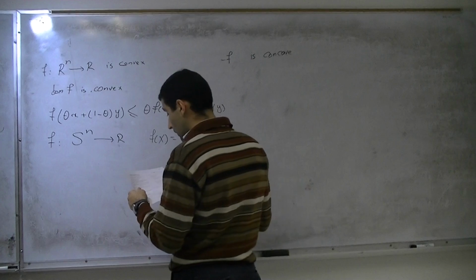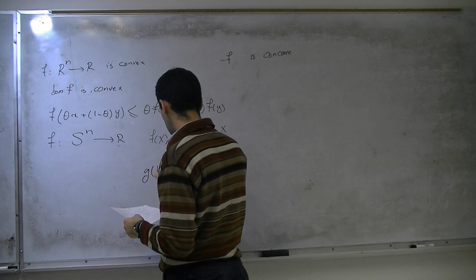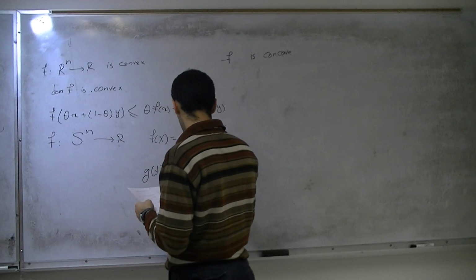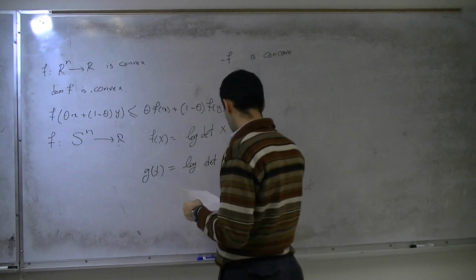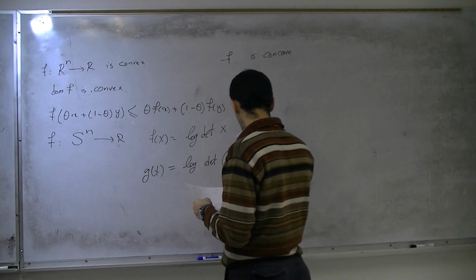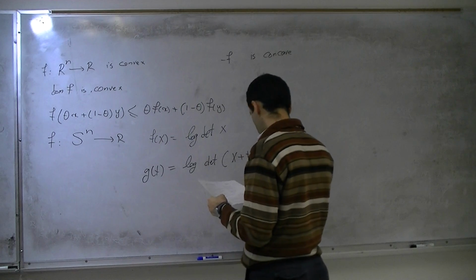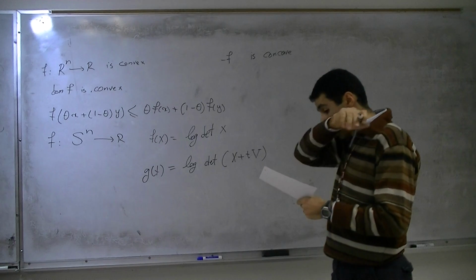Therefore, I can write down a function g(t) equal to log determinant of x plus t times an arbitrary vector v, and I want to see whether this function is convex or not.